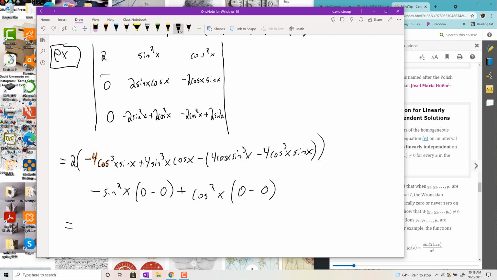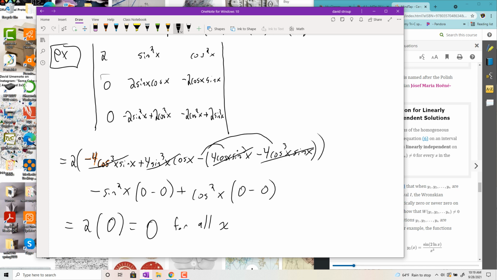Okay, so the main answer is going to come from that first portion. Let's go ahead and evaluate that. So it'd be 2 times, and you can see everything's going to cancel out. So this negative 4 cosine cubed sine x, and then you'll have a positive 4 cosine cubed sine x canceling with that. 4 sine cubed cosine x minus 4 sine cubed cosine x, they're all 0. So in this case, it equals 0 for all x.